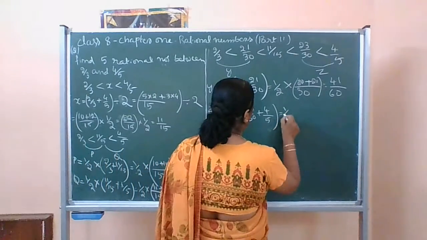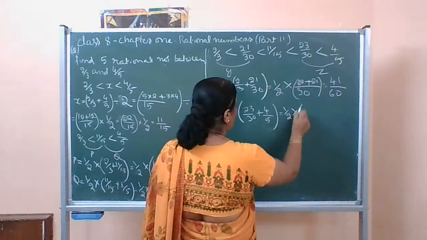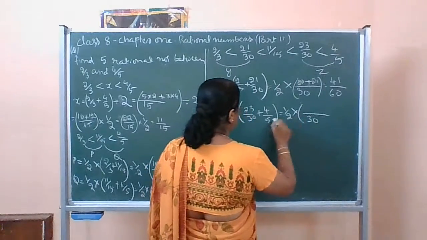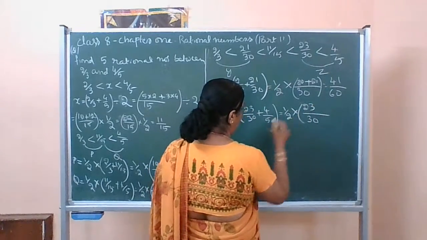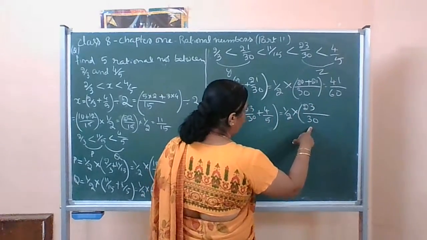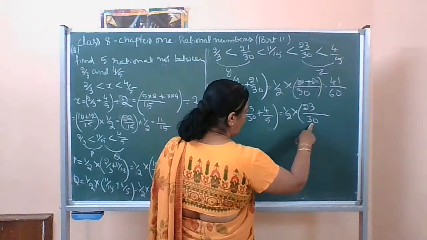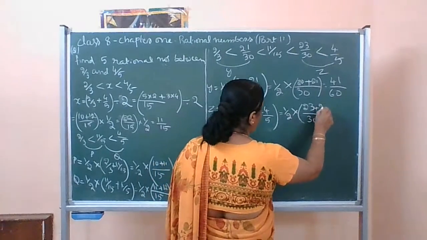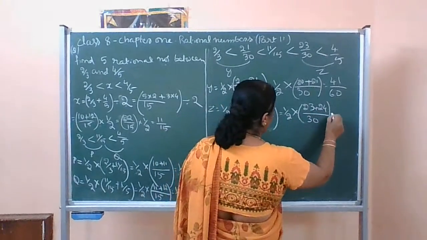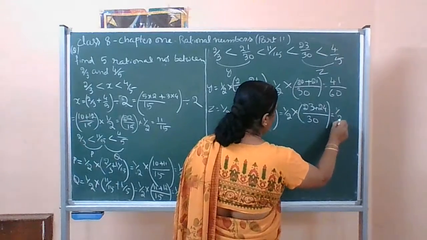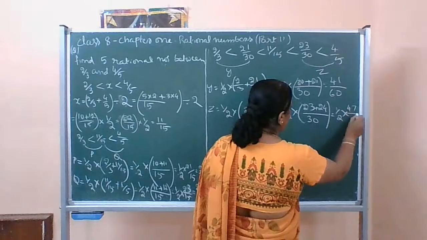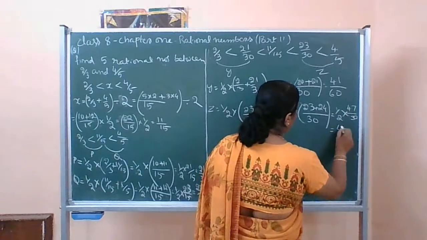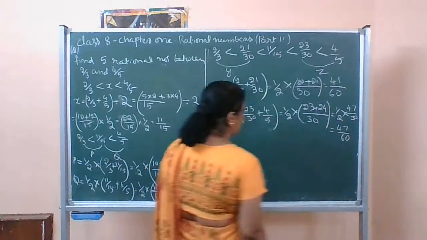Therefore, half into LCM is 30. 30 1s are 30, that is 1 into 23 is 23. 5 6s are 30, 6 fours are 24. Then it will become half into 47 by 30, is equal to 47 by 60.